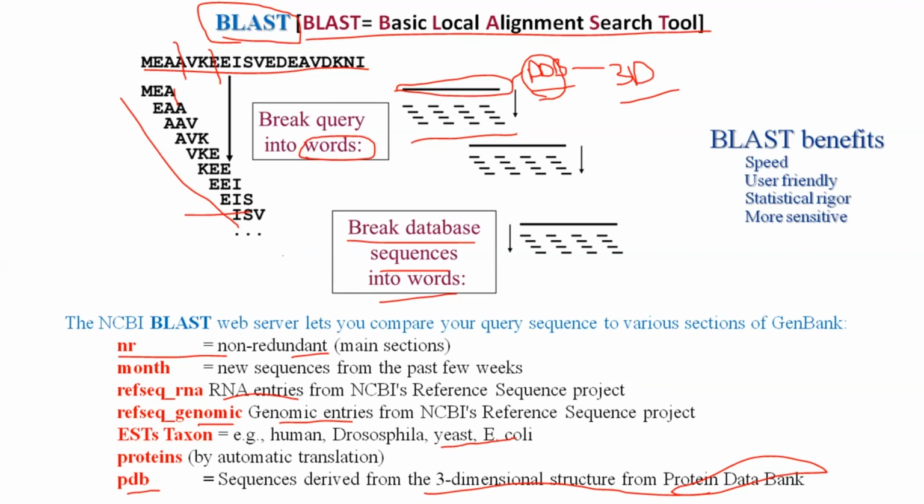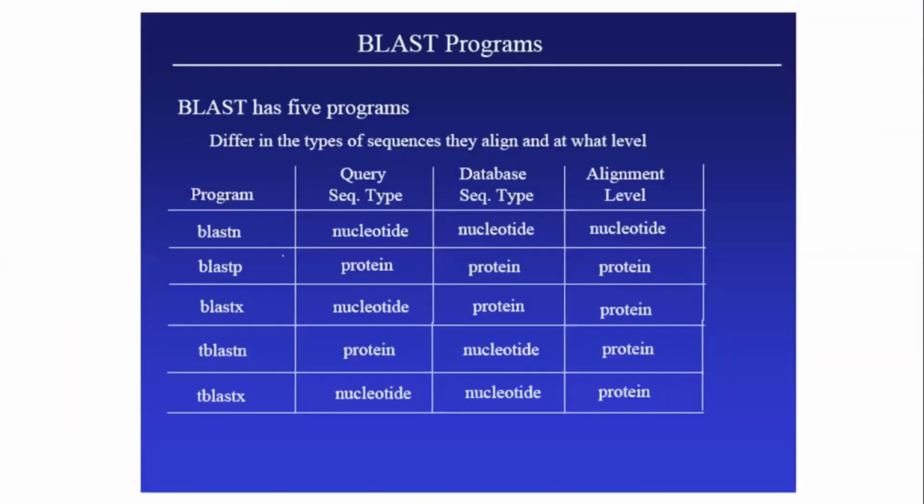Fine. Then, BLAST has been developed into many types. In this, we can see the programs BLASTN, BLASTP. BLASTN defines the nucleotide. BLASTP defines the protein. BLASTX defines the comparison between the query and the database sequence.